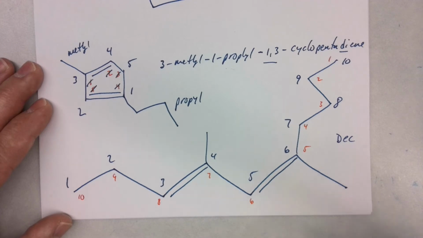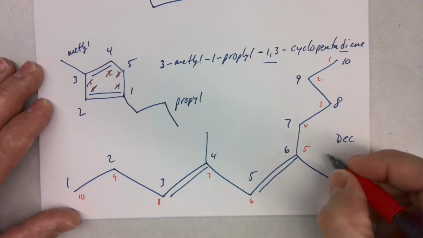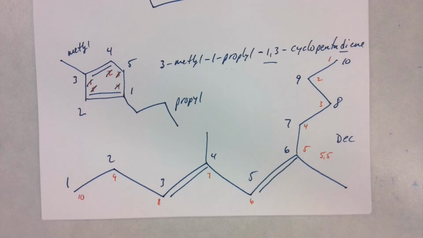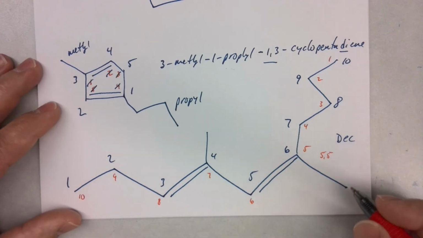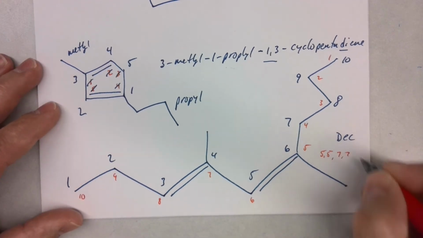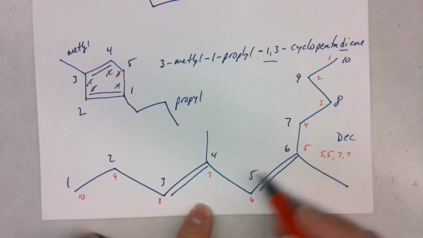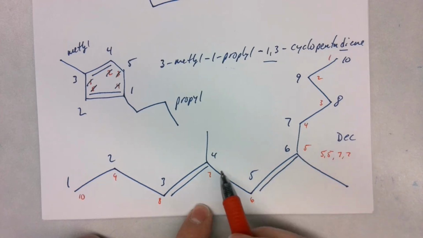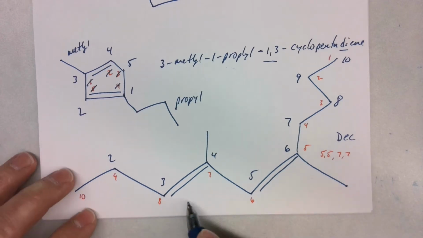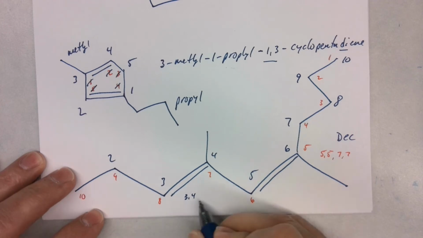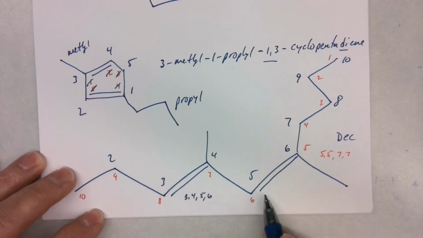Well, if I look at these numbers, the red one would give me a 5 and a 5, right? Because I got a 5 branch and a 5 ene, right? And then it would have given me a 7 and a 7 to get all those branches, right? Does that make sense? 5, 5, 7, 7. But if I go with my blue ones, this is going to give me a 3 and a 4, right? And then a 5 and a 6, correct?